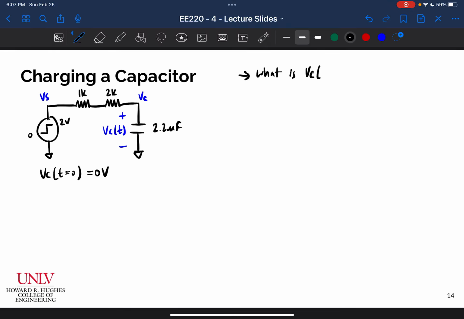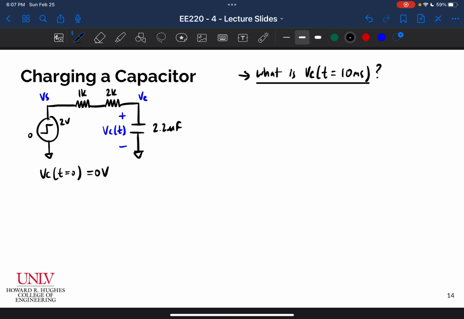And I want to know what is VC at T equals 10 milliseconds. Okay, that's what we're interested in figuring out here. What is the voltage across the capacitor at time t equals 10 milliseconds?